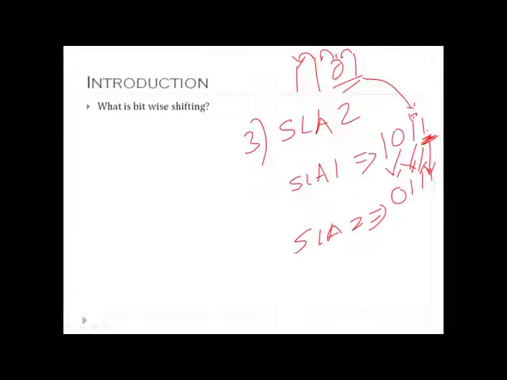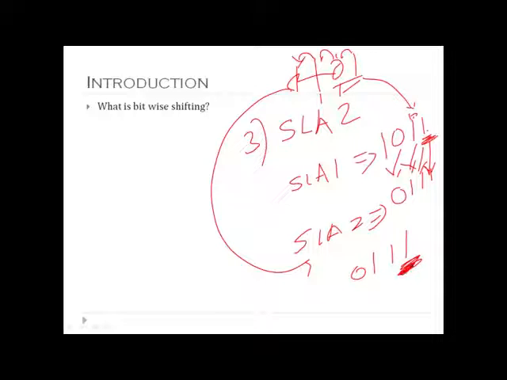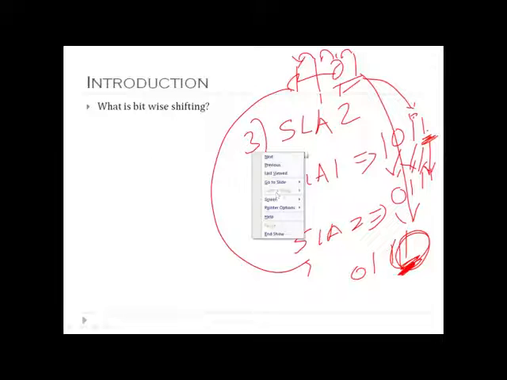Okay, so if I perform SLA2 on this directly, it will be 1, 1, and then 1, 0, right? So 2 times I have to copy this here, and the 0 is shifted, right? So here one thing you have to observe is 1 is retained. The rightmost bit is retained if there's a left shift.